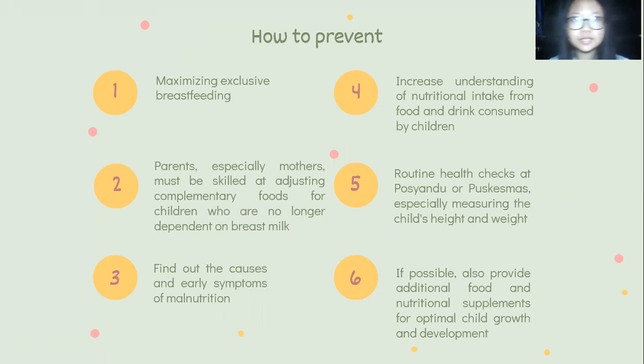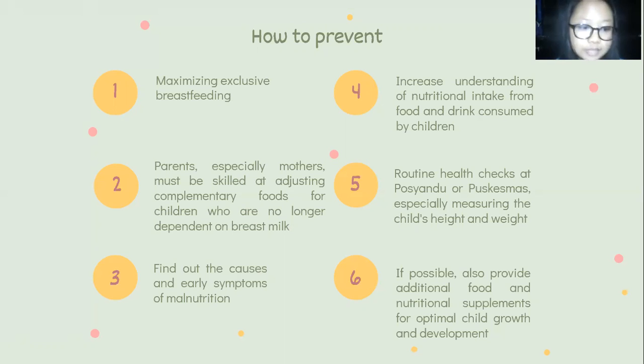These are some ways to prevent malnutrition. The first one is through maximizing exclusive breastfeeding. The second is parents, especially mothers, must be skilled at adjusting complementary foods for children who are no longer dependent on breast milk. The third, find out the causes and early symptoms of malnutrition.